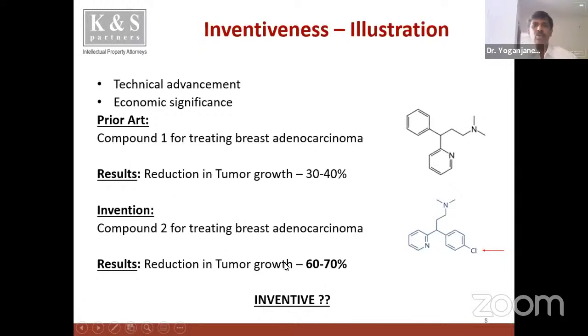When compound 2 was administered, it reduced the tumor growth size in a patient by 60 to 70%. Because of that improved activity, technical advancement is seen with compound 2 over compound 1, and hence it will be acknowledged for its inventive step. So this is how we need to see novelty and inventive step. Of course, the industrial application here for this compound is treating cancer related cells.